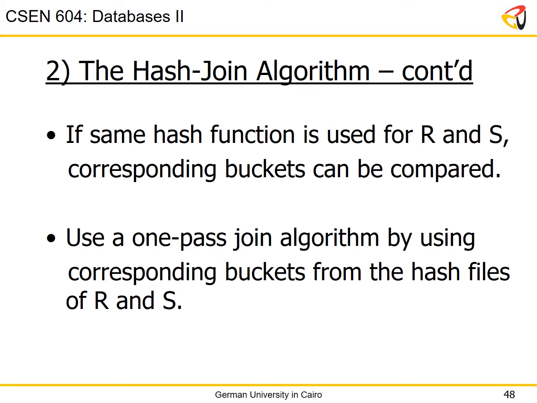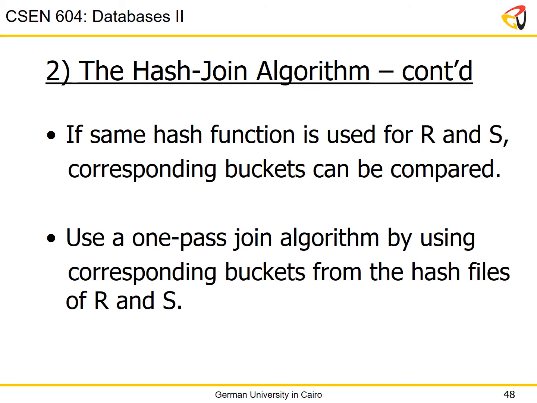If in s.y there is 50, I use the same hash function, so I'm going to also get 7. So when I'm inserting it in the second hash table that I built on s.y, the value 50 will also go to bucket number 7. So by comparing corresponding buckets, I can easily find entries that are common between r.y and s.y.